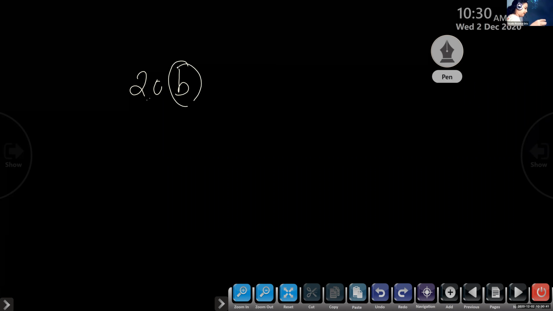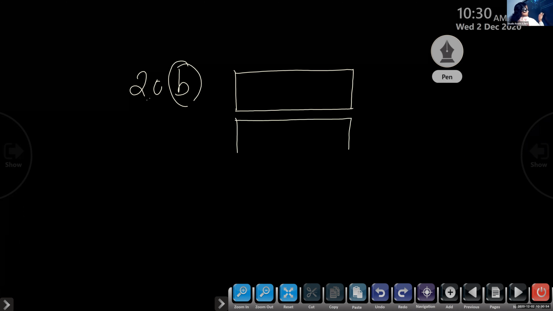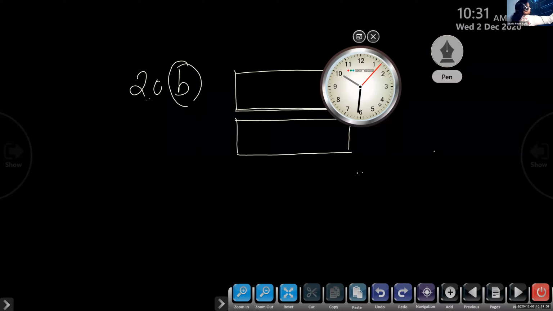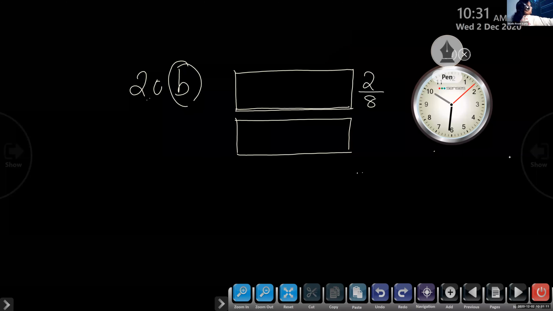So 2 by 8 and 1 by 4, children, the same method we can use, that drawing. 2 by 8, you have to draw equal parts. 2 by 8 and 1 by 4. So children, here we will write 2 by 8.